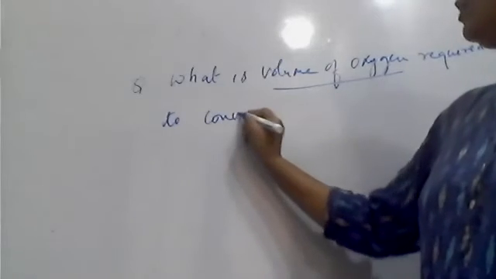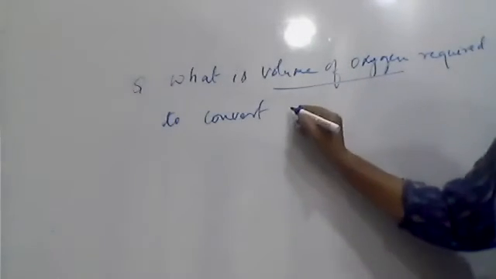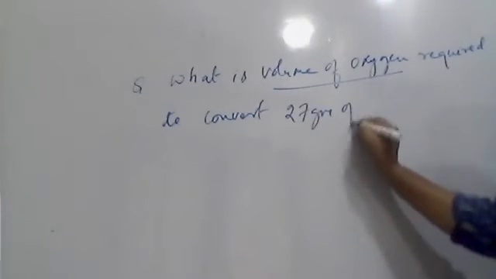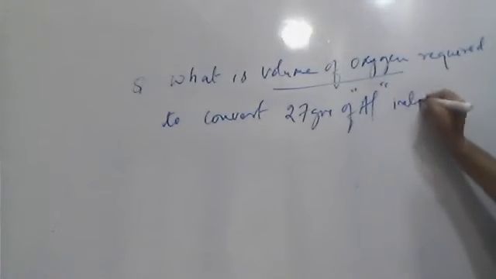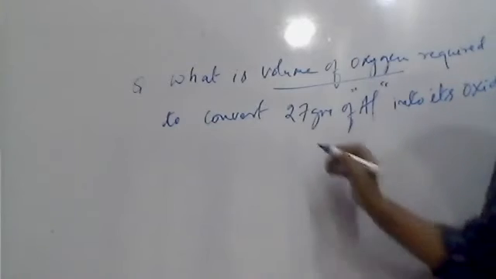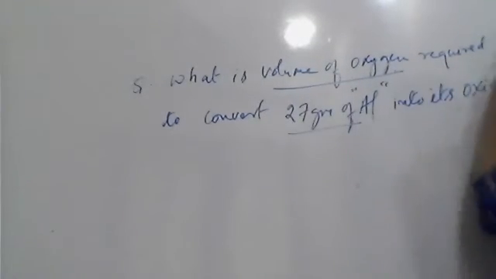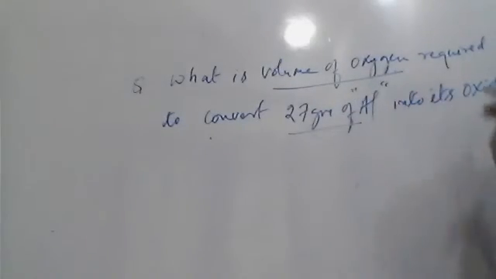What is the volume of the oxygen required to convert 27 grams of aluminium metal into its oxide?